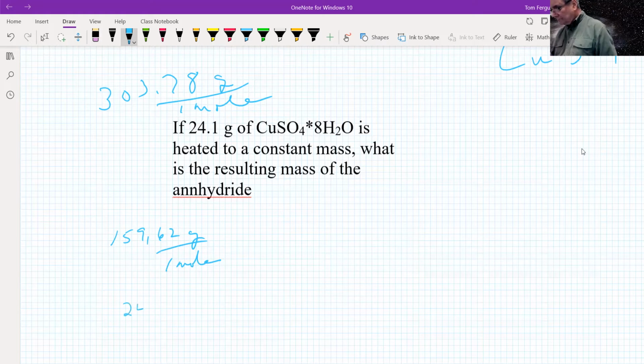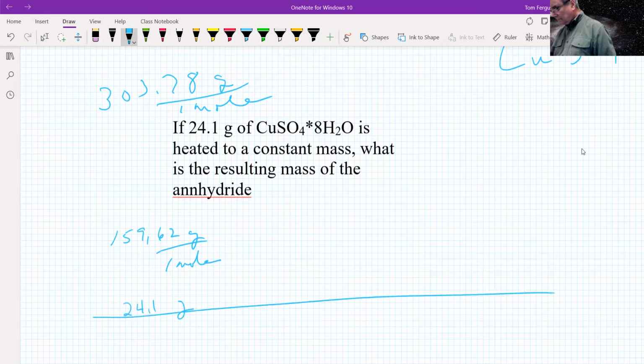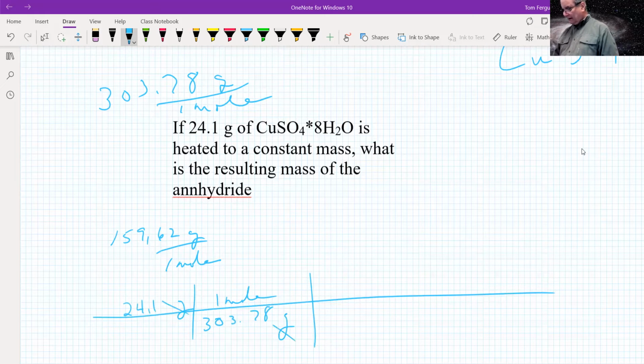So, okay, that gives us moles of the hydrate. What's the ratio between moles of hydrate and moles of copper sulfate by itself? So this is what we're looking at here.